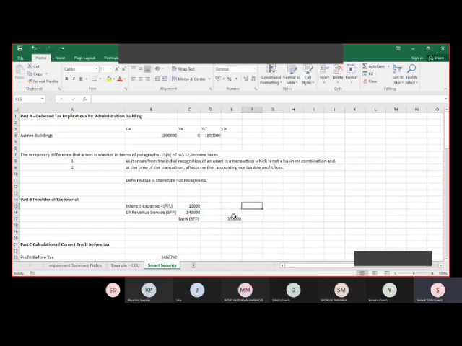What we need to do is to take the 553. So it's correct, right? I don't know why I kept on saying it's wrong. It's correct. So you debit interest expense, then you debit SA Revenue Service, and then you credit bank because you've paid that amount, 553.